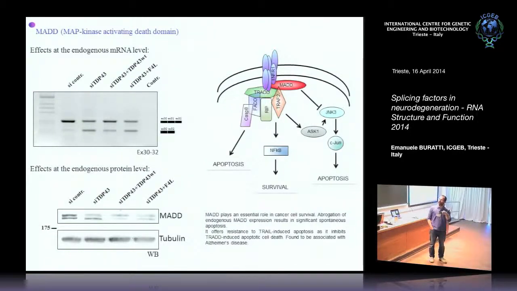If you remove Tdp-43, then you can see that the level of inclusion is reduced with respect to the control. When you put back the siRNA-resistant wild-type Tdp-43, then you can recover inclusion of this exon. But if you put back a Tdp-43 that is mutated, that cannot bind RNA, and therefore cannot affect the splicing process, then you don't have any recovery in the exon 31 inclusion.